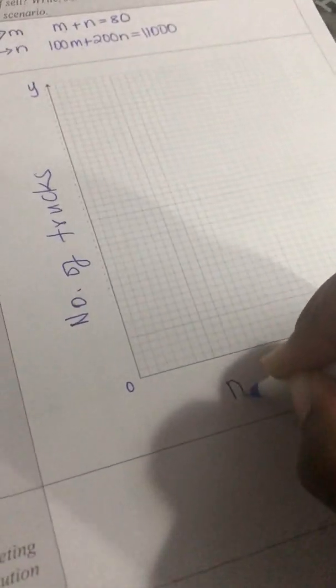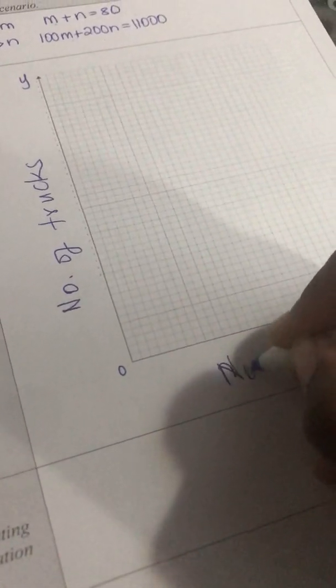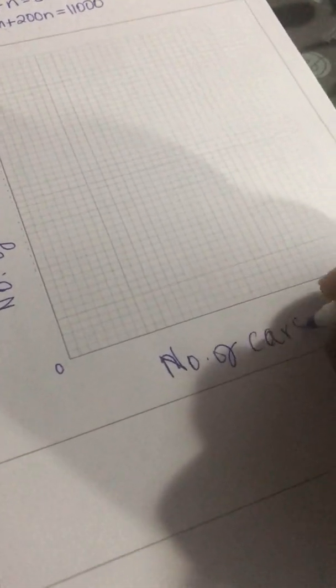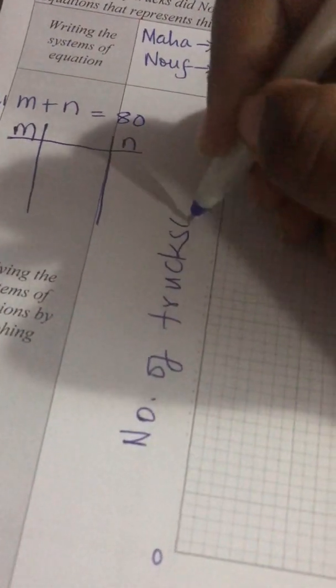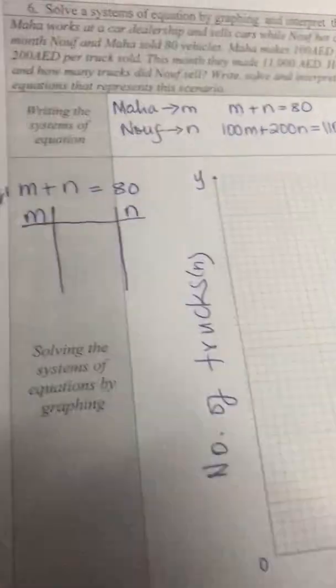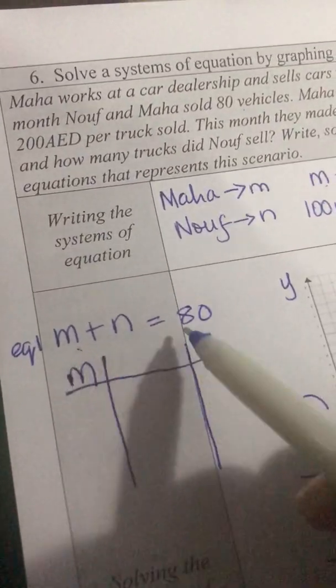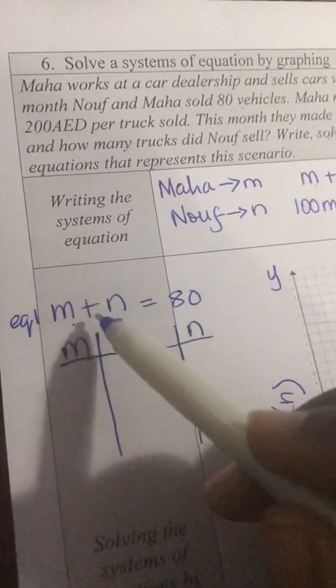And then M will be here, number of cars. M. N. Okay. All right.